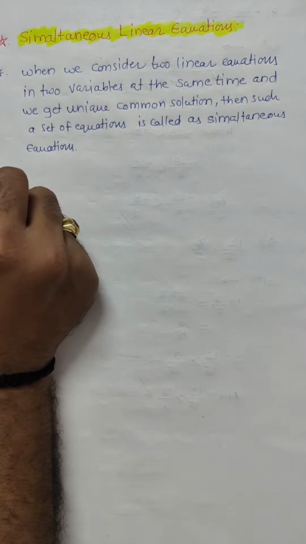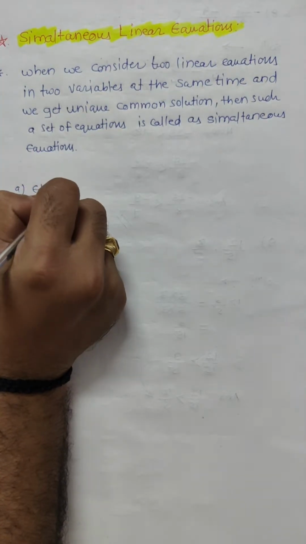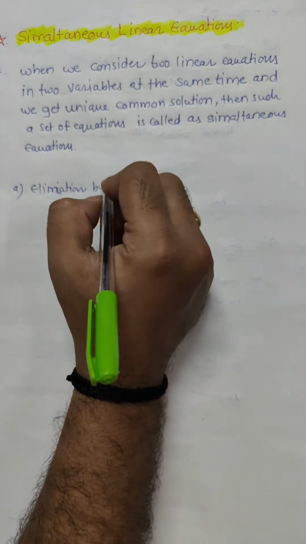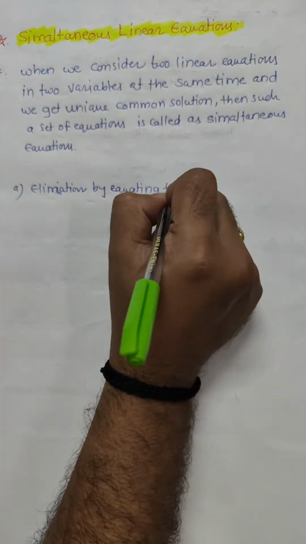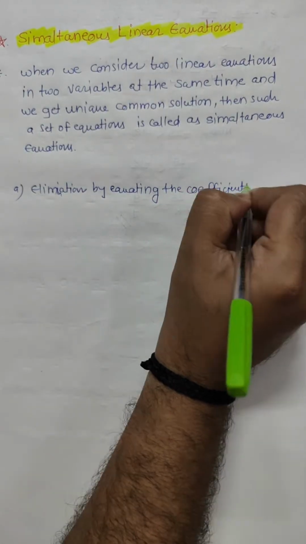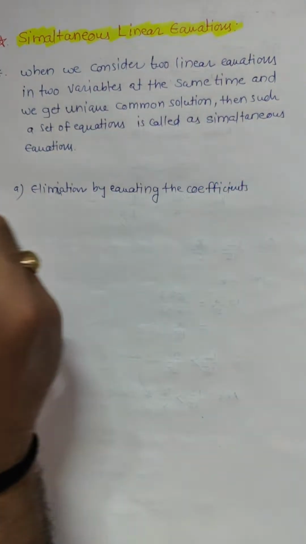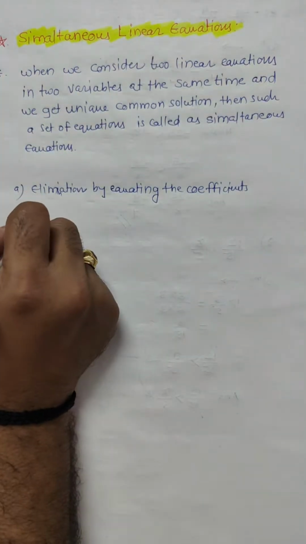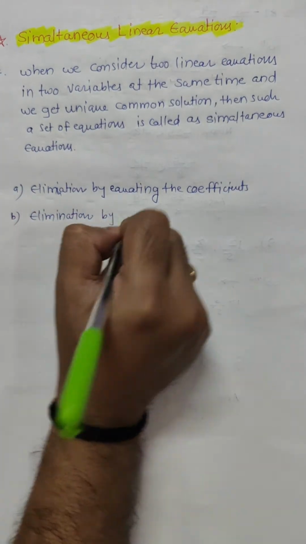Method number one, elimination by equating the coefficient. And method number two, elimination by substitution.